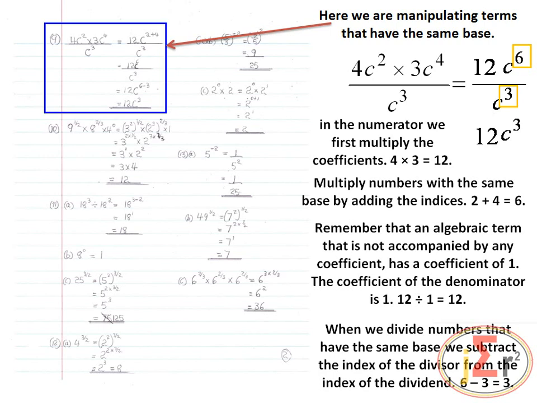Therefore, we have to be conclusive and we have to be specific to say which one we need to subtract from which. And we are saying it is the index of the divisor that we subtract from the index of the dividend.